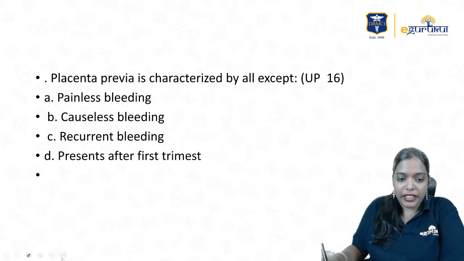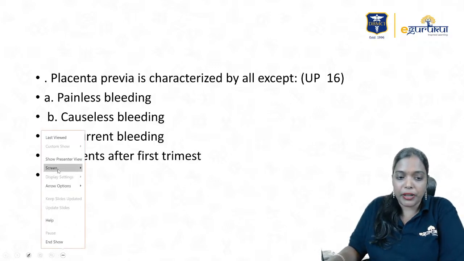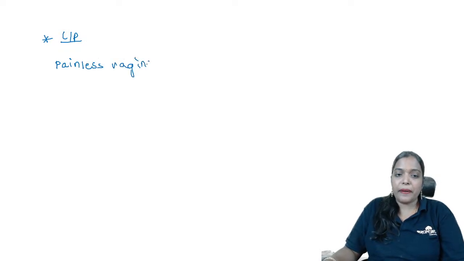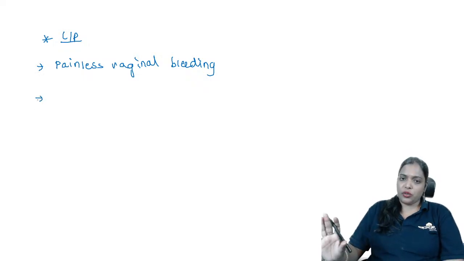Right. Now we will quickly do the clinical presentation and management of placenta previa, and then we'll see some MCQs, guys. Is this painless or painful bleeding? It is painless vaginal bleeding. Here the fetus is good, there's no fetal distress.